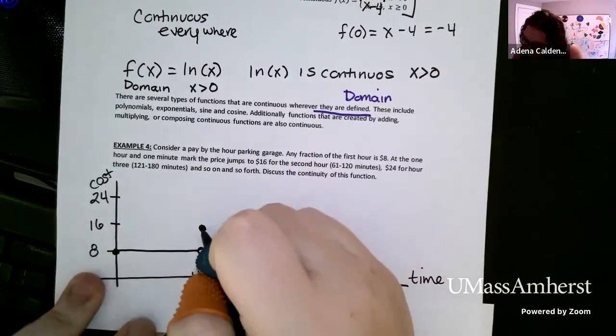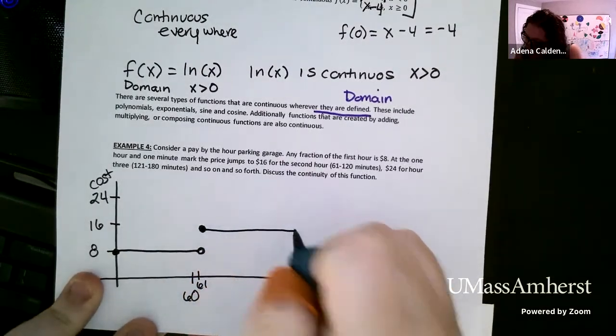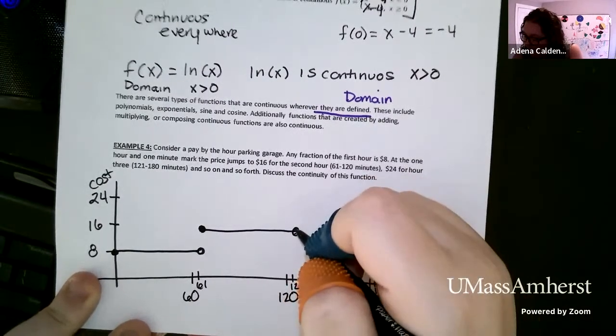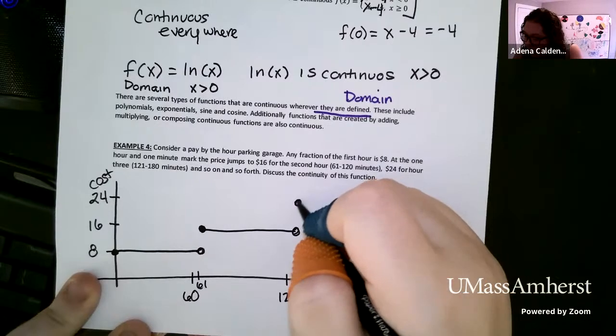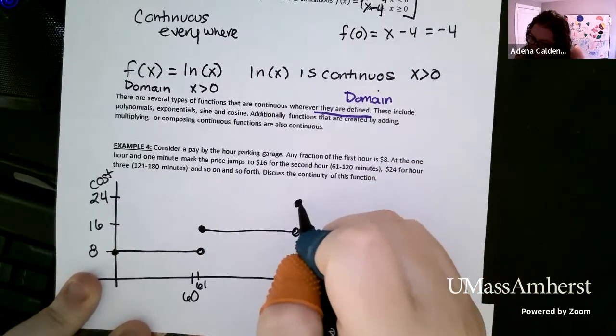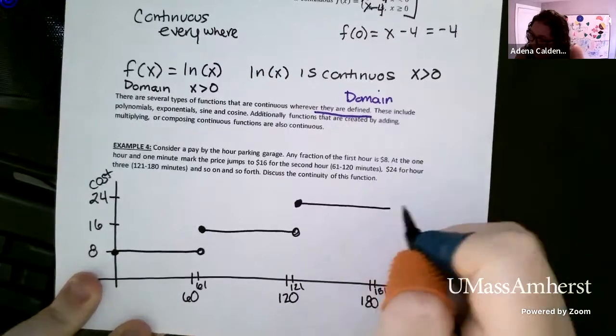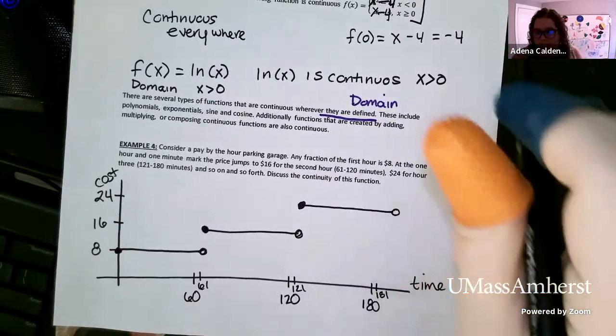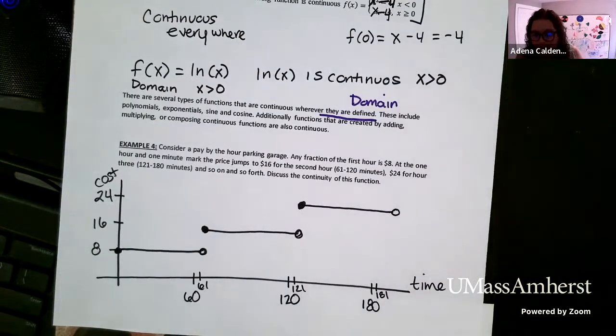And then we stay at $16 up until 1 minute past the 2 hour mark. And then we make a jump up to $24, right? And so we can kind of predict that it's just going to keep doing the same thing as we add on time, okay?